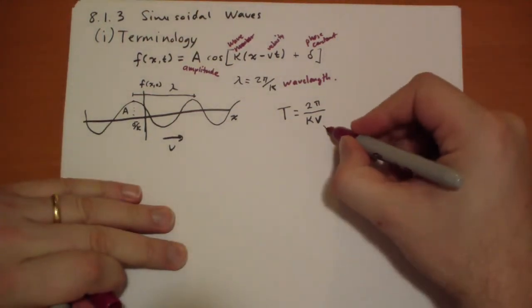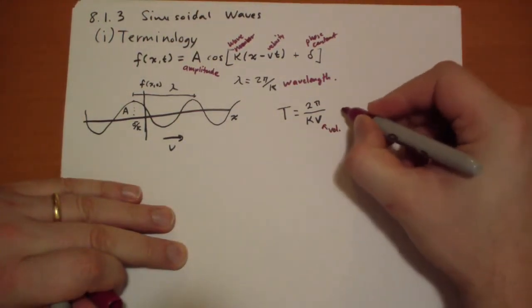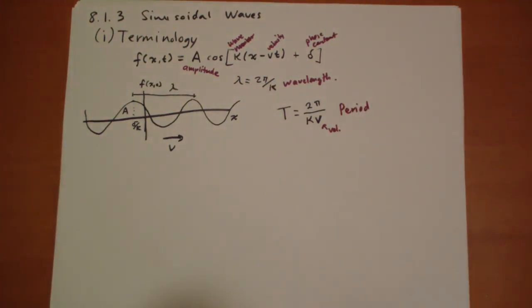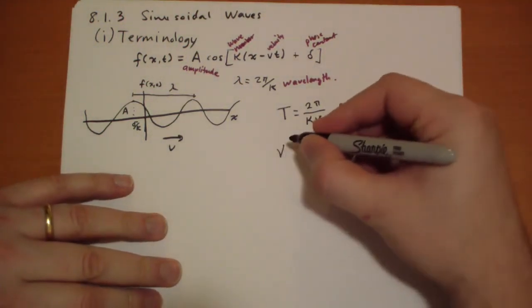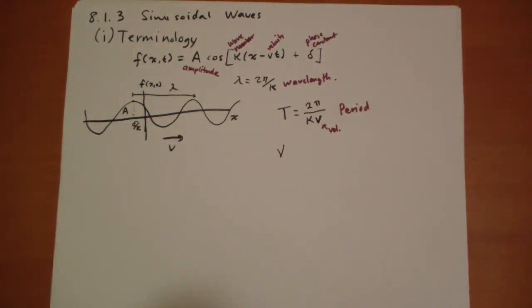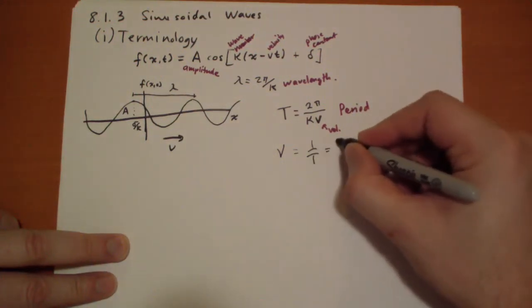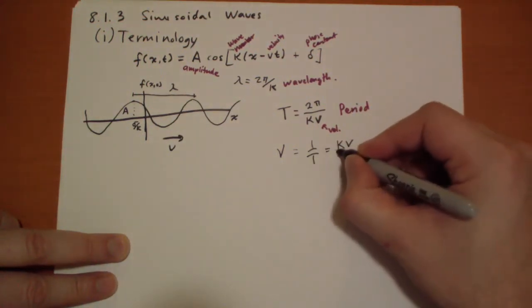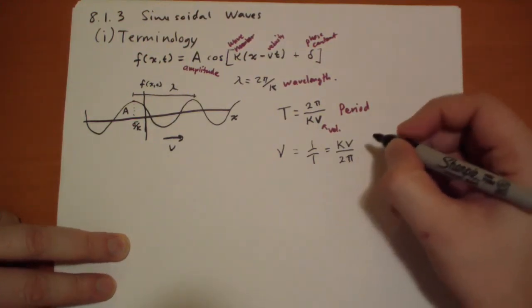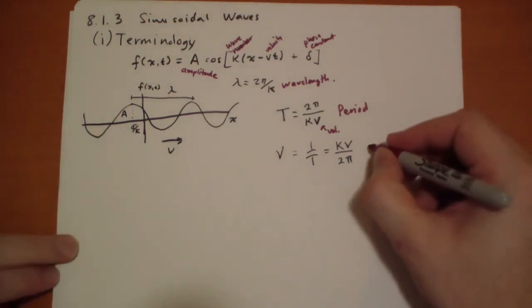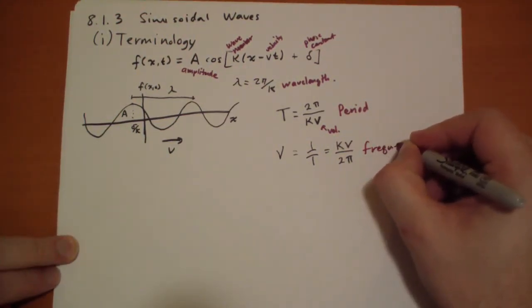This is velocity, not frequency. This is the period. And then you have the frequency nu, which is equal to the inverse of the T, which is just kappa v divided by 2 pi. That is the frequency, measured in hertz.